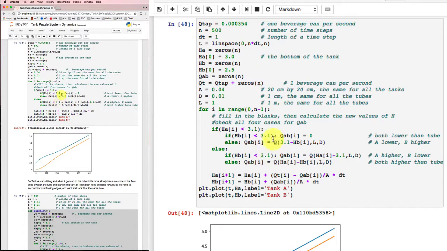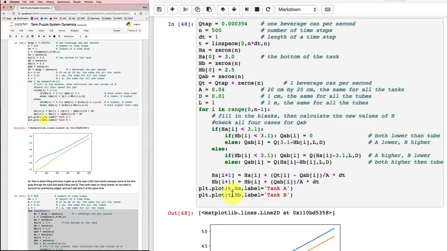So once we've figured out the flow rate between A and B, and we know the flow rate coming out of the tap, we're ready to calculate the change in the height of A, the value it'll have at the new time, by taking the value it had at the old time and adding the derivative multiplied by delta T. We can also get the height in tank B by taking the original height in tank B and adding the derivative for tank B, which is just going to be the flow rate coming in from pipe A and B, ignoring the pipe going out to C for now, times delta T.